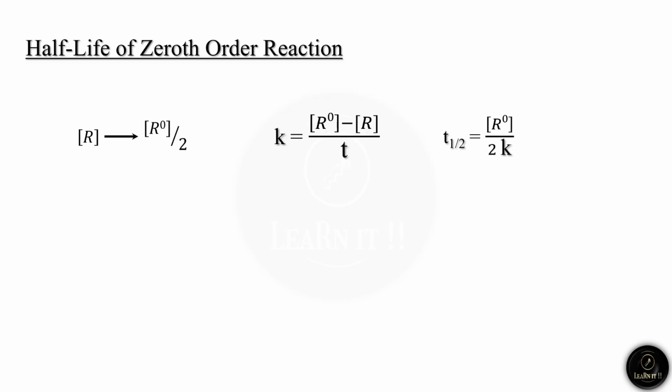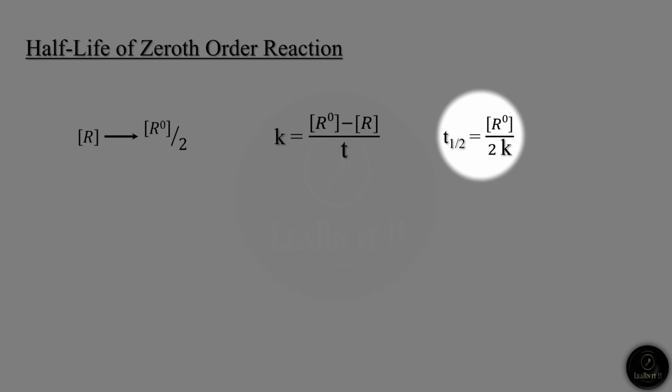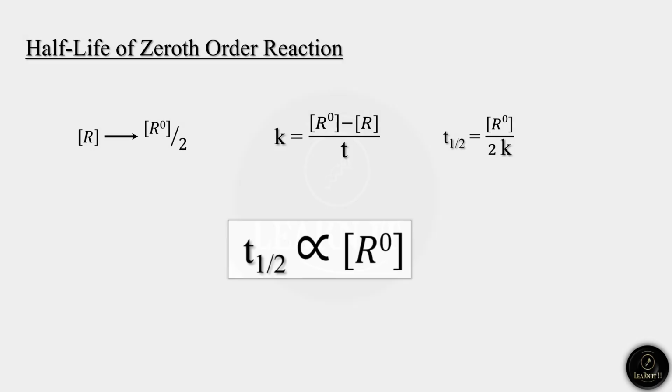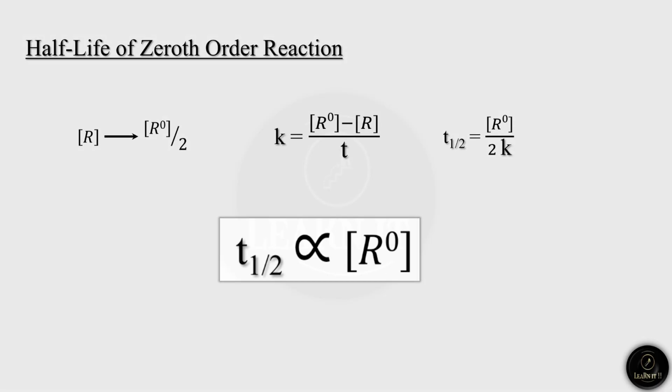Then t half is equal to concentration of R0 divided by 2k. So by this we understood that half-life of zeroth order reaction is directly proportional to initial concentration. It means if we change the initial concentration of the reactant, then its half-life will also change.